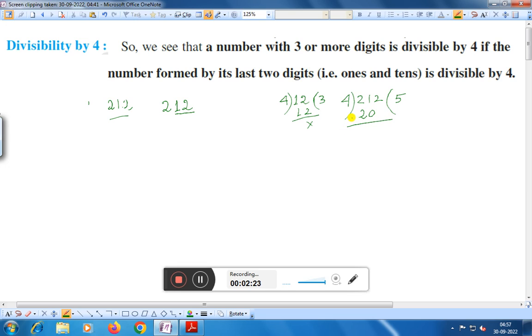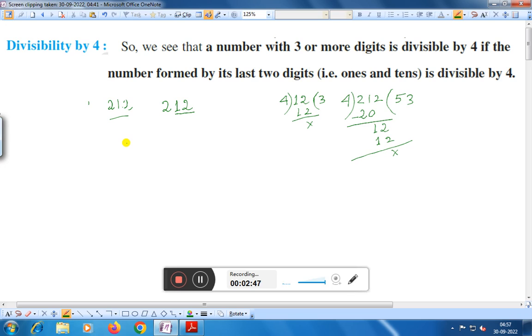If we subtract, we get 1 and 2, 12. 4 threes are 12. Therefore, we see that if a number has 3 or more digits, it will be divisible by 4 if the number formed by the last two digits is divisible by 4.